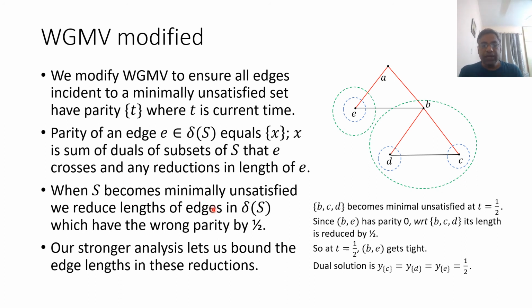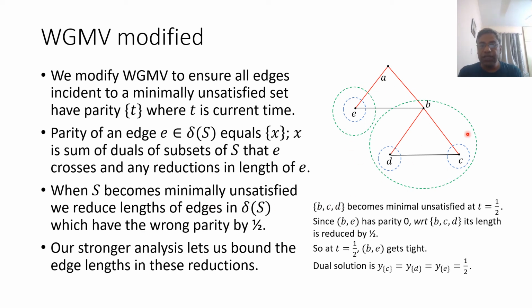And when a set becomes minimally unsatisfied, I'm going to look at all the edges that are going out of the set, and ensure that all of those edges have the same parity with respect to the set S. If some edge has a different parity, I'm going to reduce the length of the edge by half. Just to keep a picture right, every edge will have a parity of 0 or a half, and if something has a parity which is 0, then I'm going to reduce its length by half.